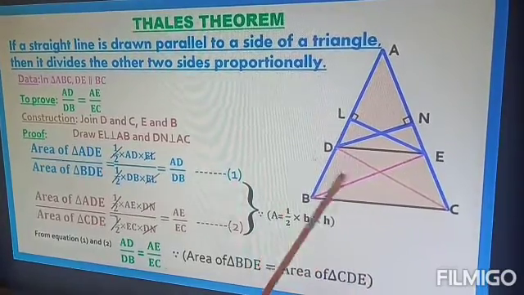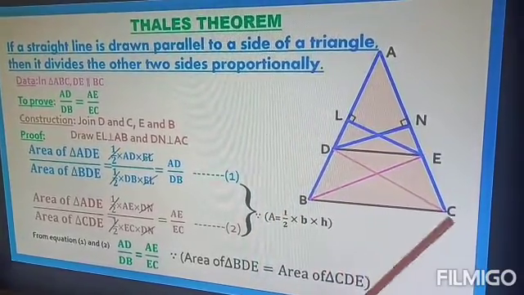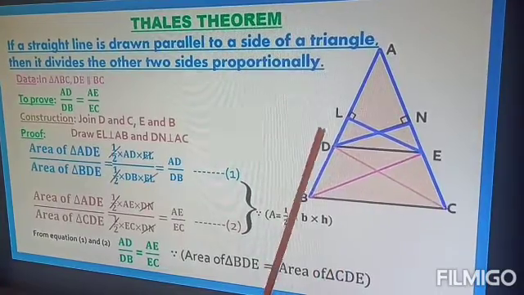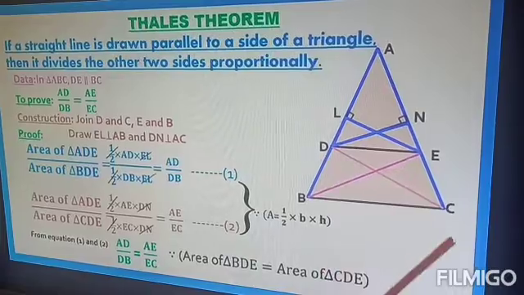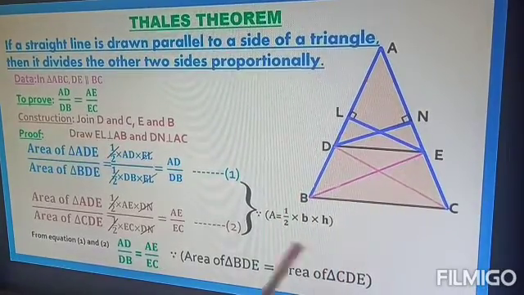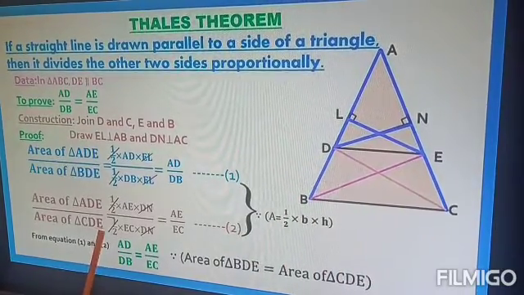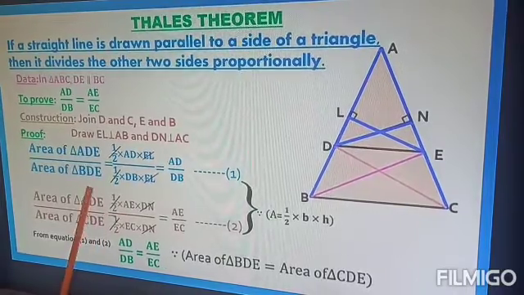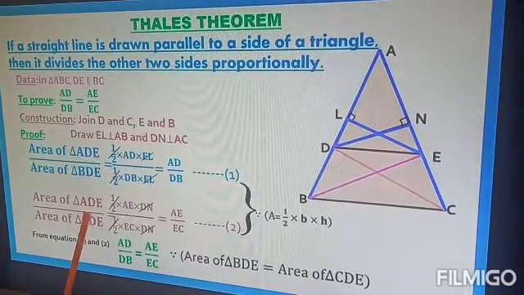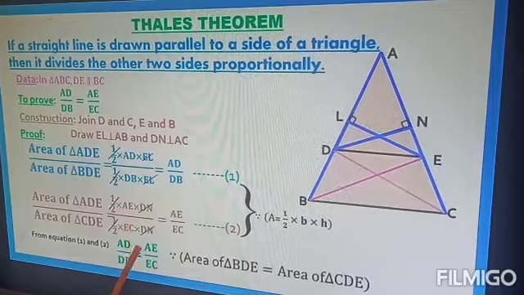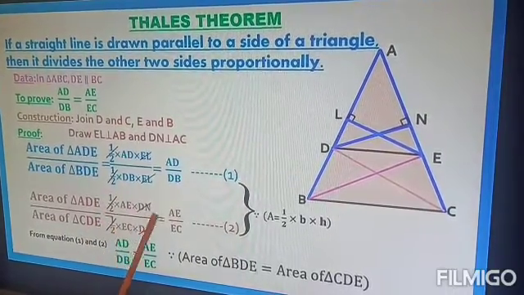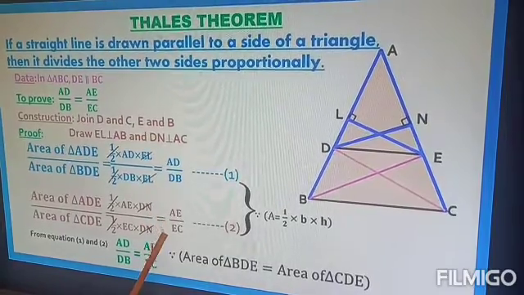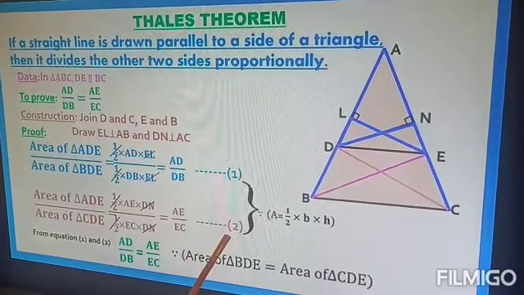Therefore, in triangle DCE also, DN is the height: half into EC as the base, DN as the height. Half will be constant. Cancel similar things, half and half, and DN and DN cancel each other. AE by CE remains. That makes equation 2.